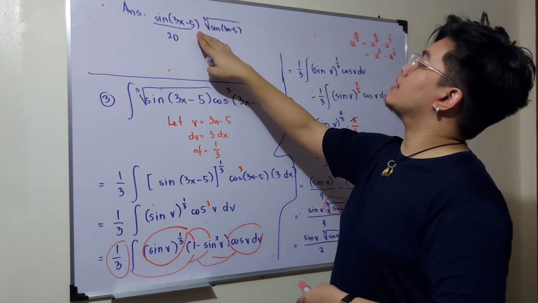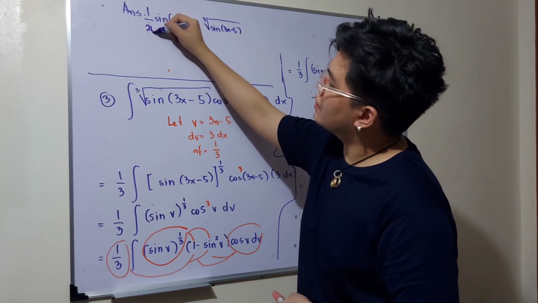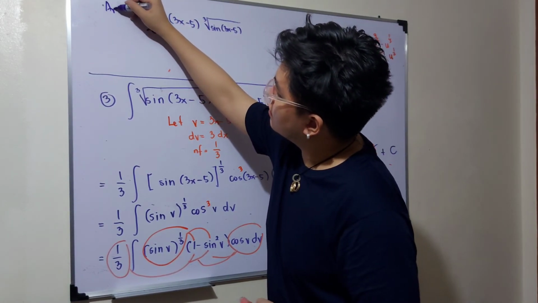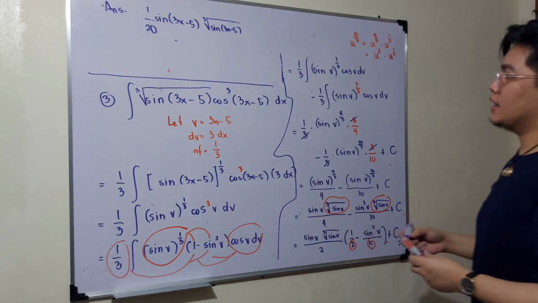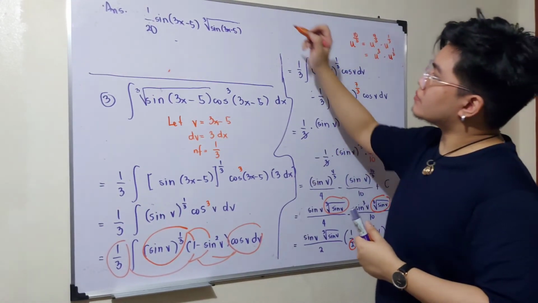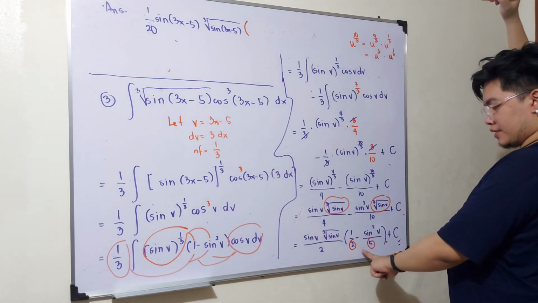Ayan guys. So actually kung ayaw mo ng ganito, pwede nandito yung 1 over 20. Para maliit pa rin yung fraction bar na iksi. Okay? Tapos pagdating naman dito, so that's gonna be 10 yun, no?